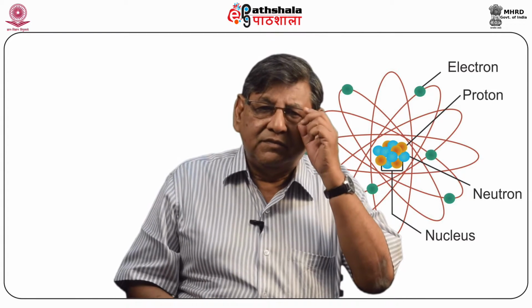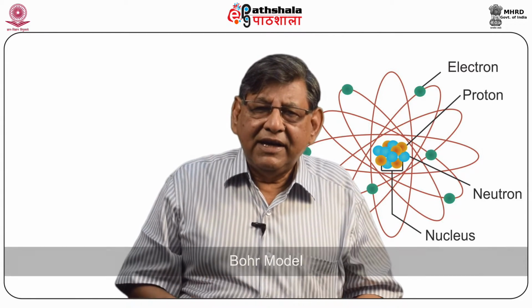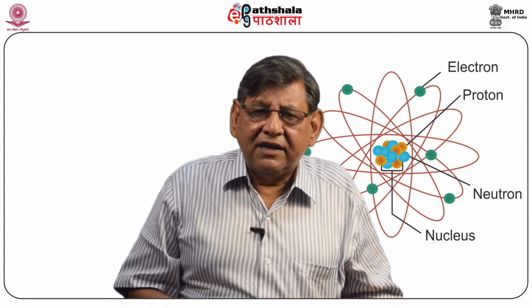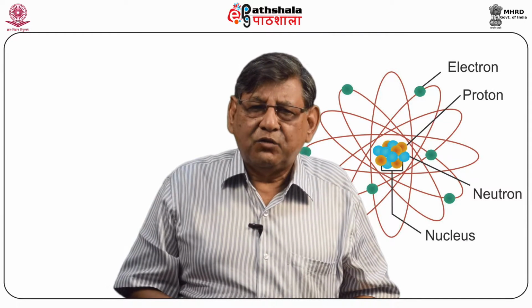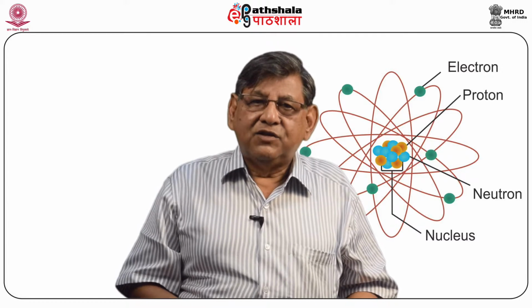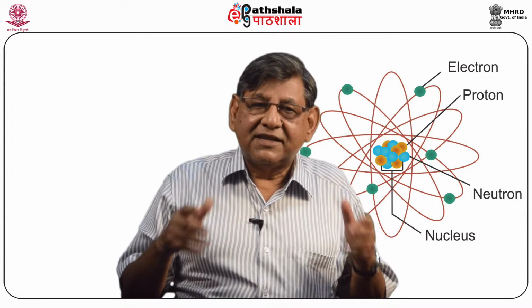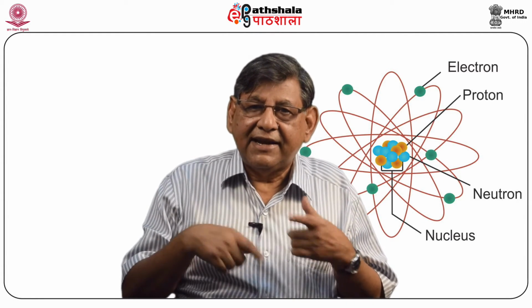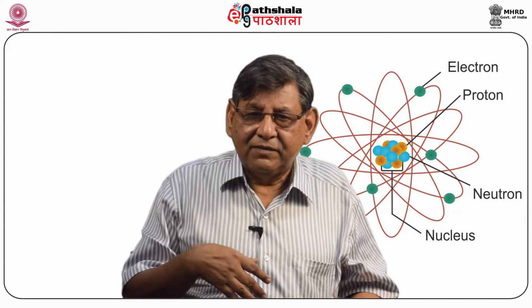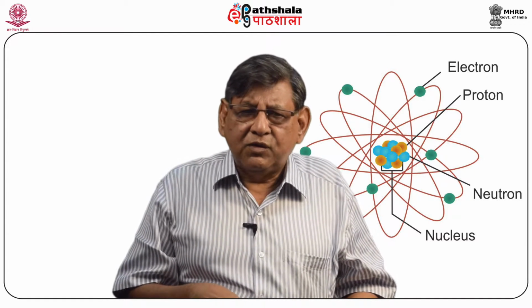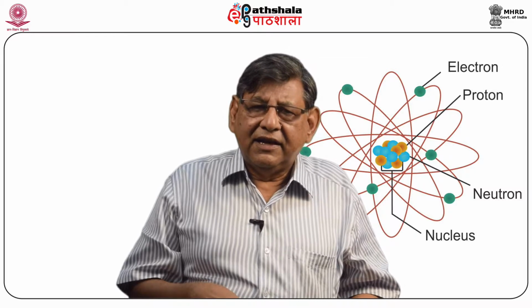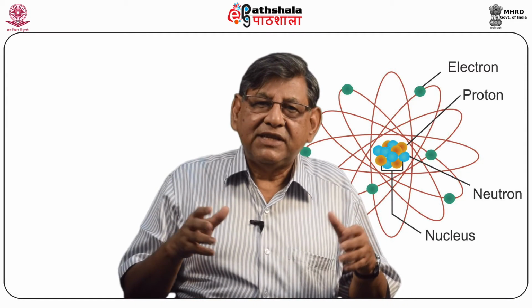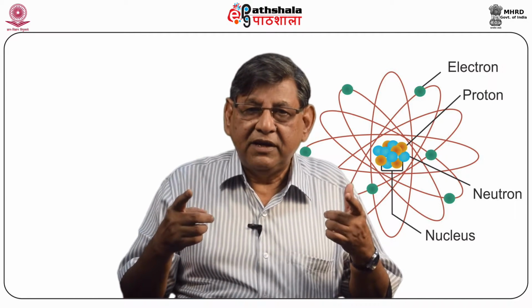Now, the Bohr model is really the starting point of quantum theory. For the first time, it succeeded in calculating the discrete energy levels in a hydrogen atom. It could also predict the wavelengths of light causing transitions from one allowed orbit to another.